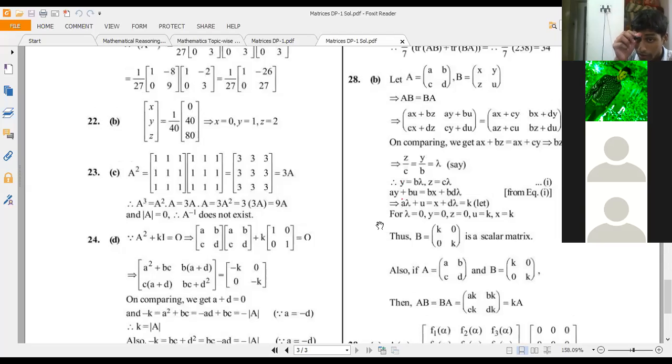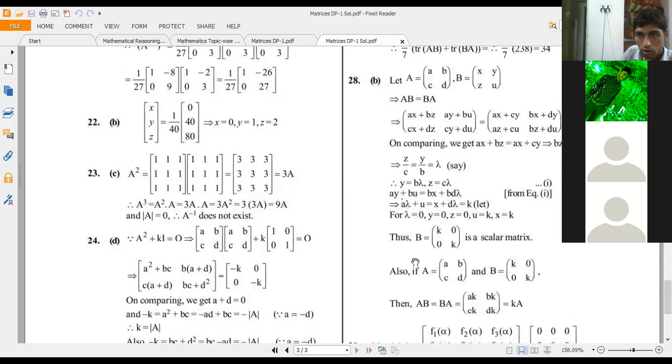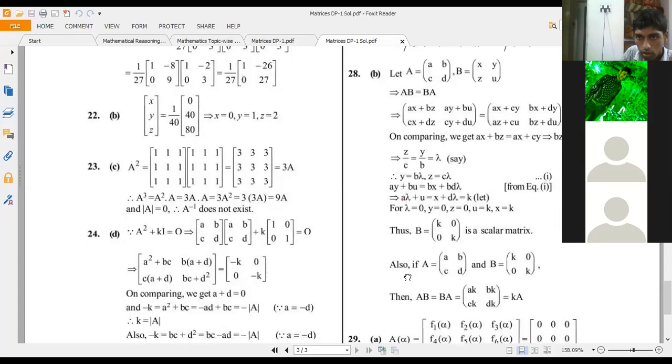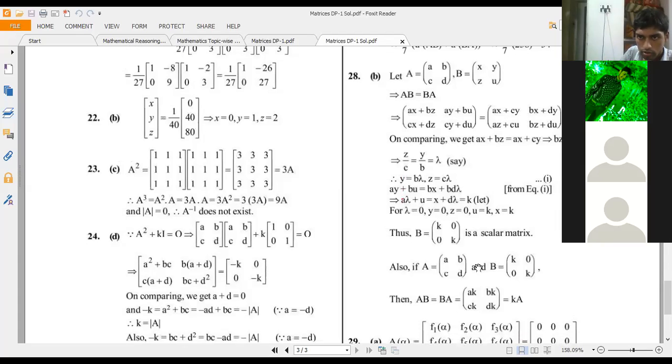So for lambda equal to 0, B is a scalar matrix.